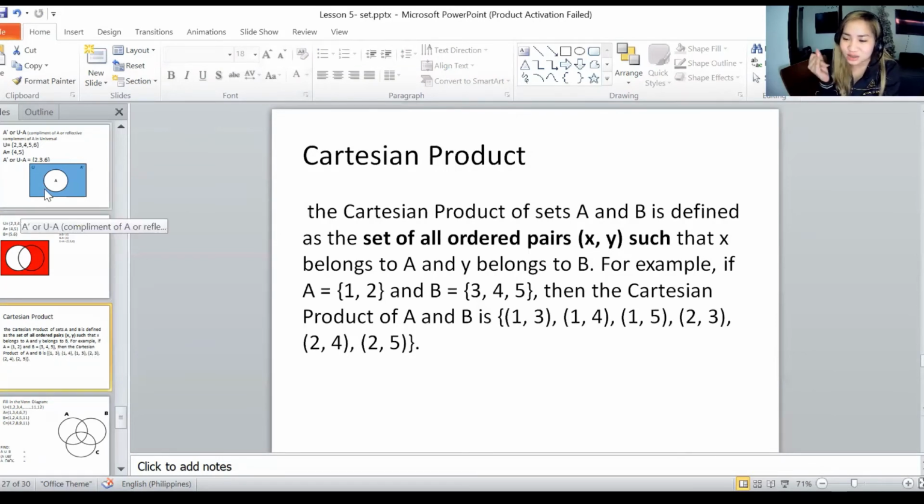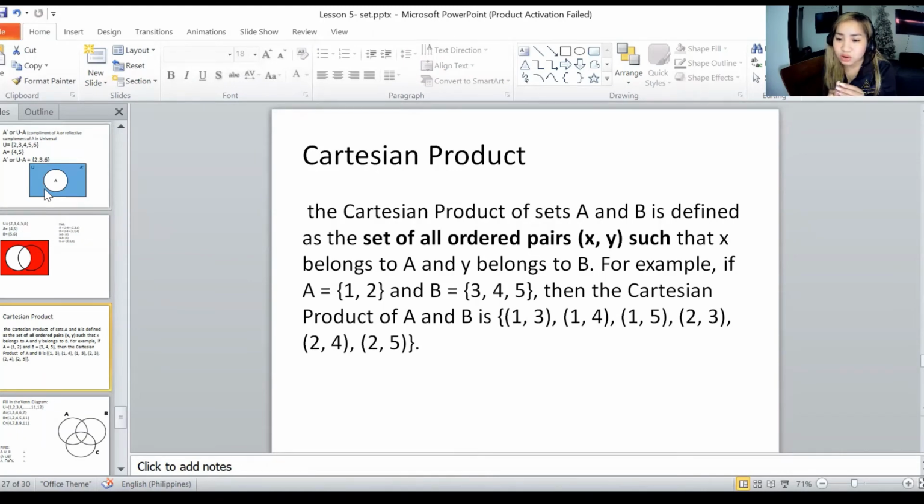And again, for the union, pagsamahin nyo lang lahat ng elements. For the intersection, kung ano yung in common nila or kung ano yung parehas sa kanila, yun yung answer. And then for the complement, importante yung order. Kung ano yung naunang set, dun kayo magma-minus.